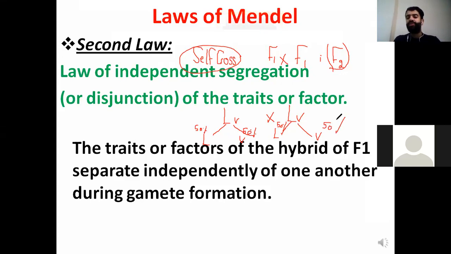While if it's a proportion, it's 1 over 2, 1 over 2, and 1 over 2, and 1 over 2. This is the case whenever we have proportion. 1 over 2 is 50%. 1 over 4 is 25%.